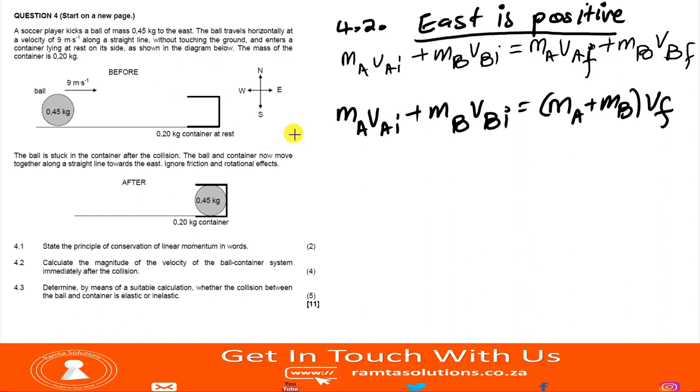So we said the mass of object A was 0.45, going east with 9 meters per second. The mass of object B was 0.20, and it was at rest, which is 0.